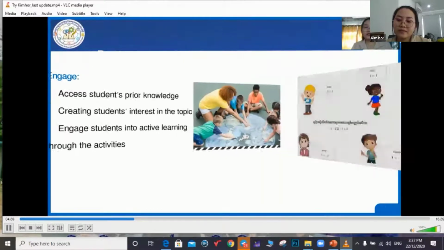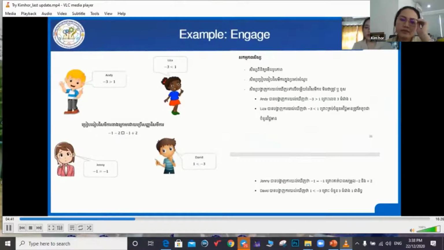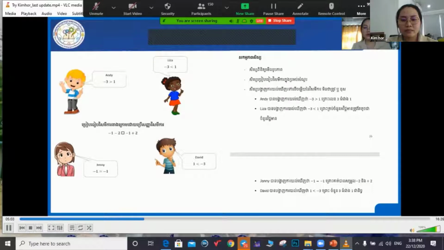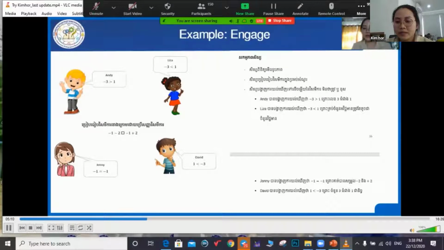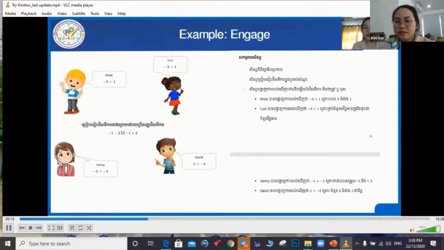So here is my example that I created. I use a concept cartoon, a picture for the students to compare inequations. When students see the cartoon, it might make them more interested, like laughing, thinking, or sad, and it stands for each student, so they can think freely about the answer.